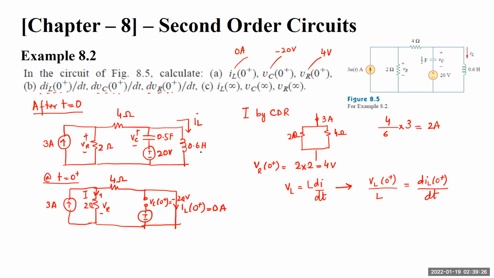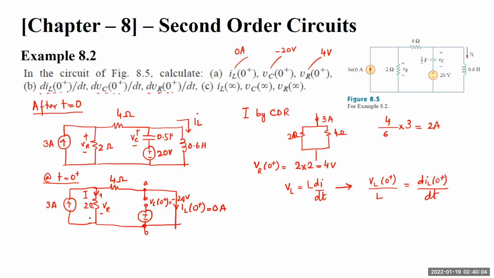So VL(0⁺), if we see in the circuit instantaneously, for example, what is the voltage across these two, A, B? The voltage will be determined by this capacitor, because the capacitor will not allow an instantaneous change in voltage.